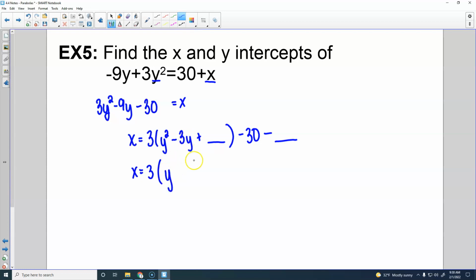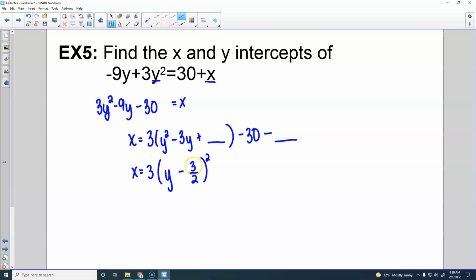All right, so what number would I have right here in my bottom parentheses when I complete the square? Negative 1.5, or I'm going to just go fractions and do 3 halves. But you still just take half of this middle number, right? And that's a fraction, which is ugly. And then you are going to square that number here.